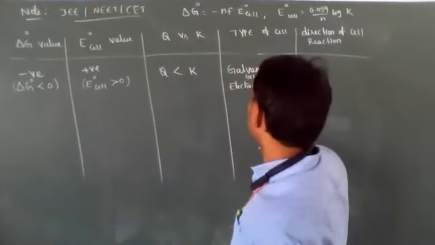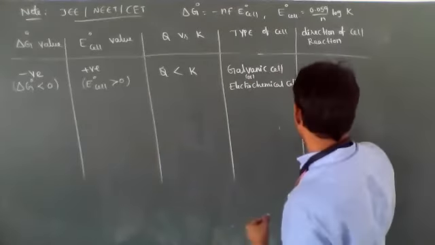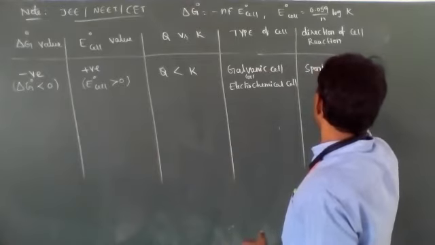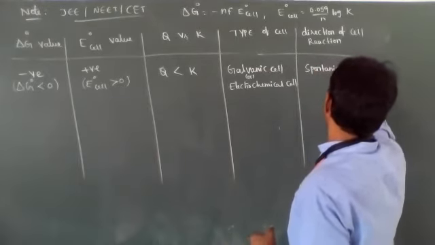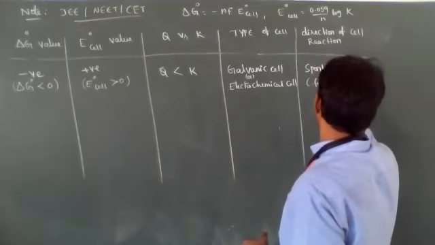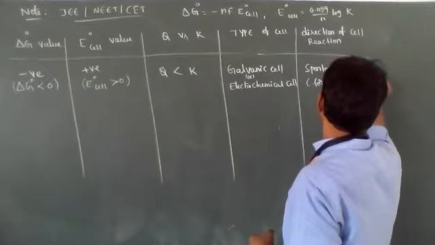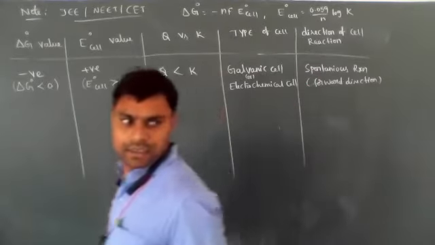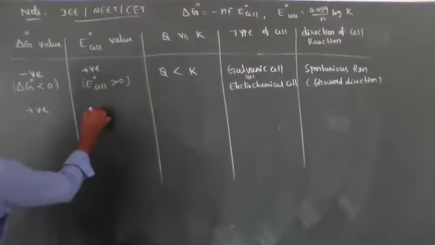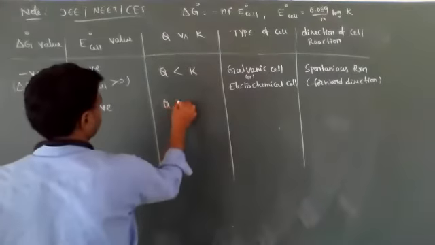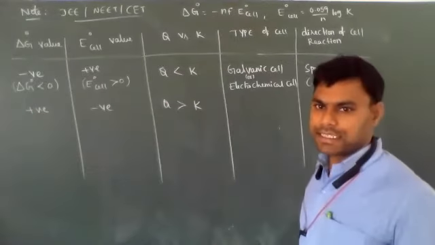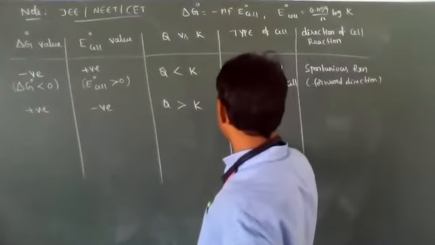The reaction takes place in the forward direction and is spontaneous. That is very, very important. Now the reverse: delta G is positive, E cell becomes negative, and Q, the reaction quotient, is more than K. Then what type of cell is it? This is an electrolytic cell.